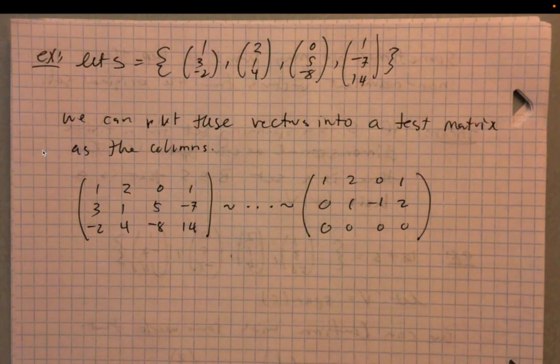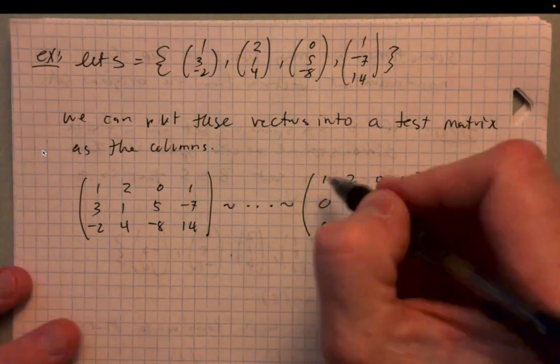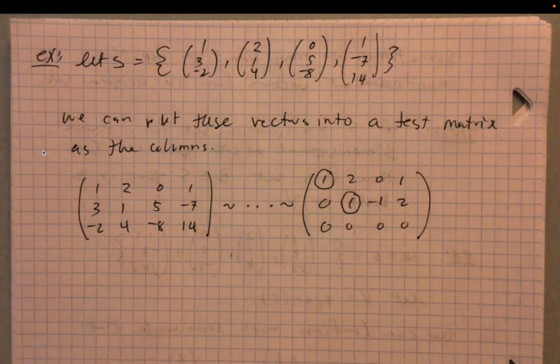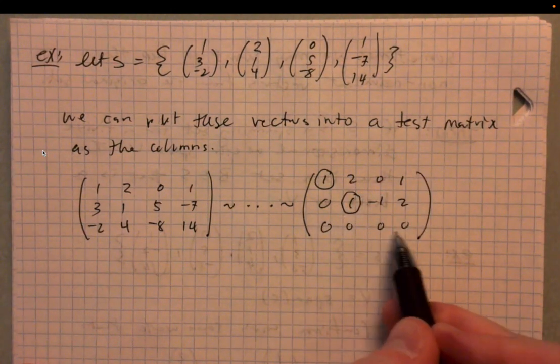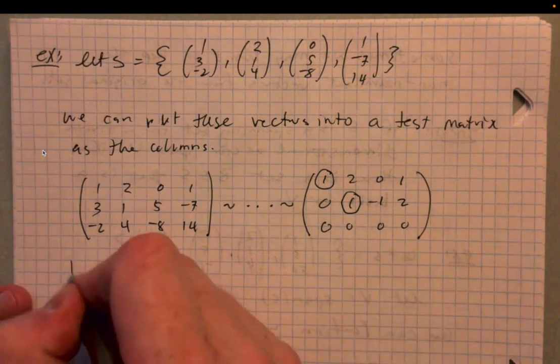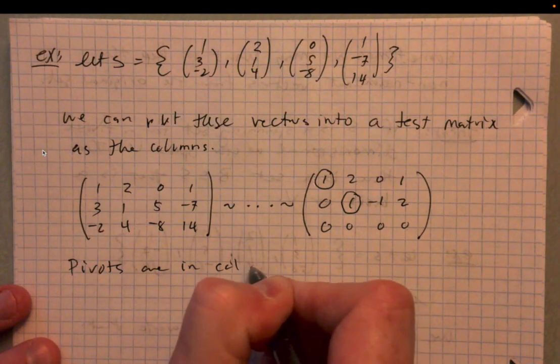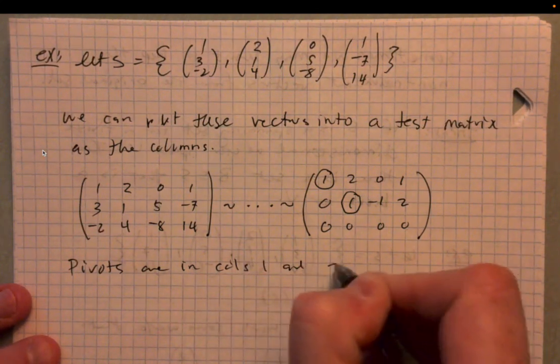Okay, and what we're looking for are which columns have a pivot. We've got a pivot here in column 1. We've got another pivot in column 2. You'll notice there's no pivot in column 3 and no pivot in column 4. So pivots are in columns 1 and 2.